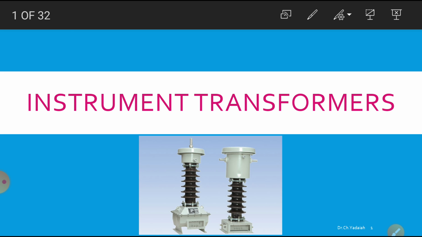So before that, there is a quiz for you. You already know single phase transformers and three phase transformers. At the same time, you know the instruments also, the voltmeter, the moving coil instrument and the moving iron instruments, whether it is a voltmeter or ammeter.